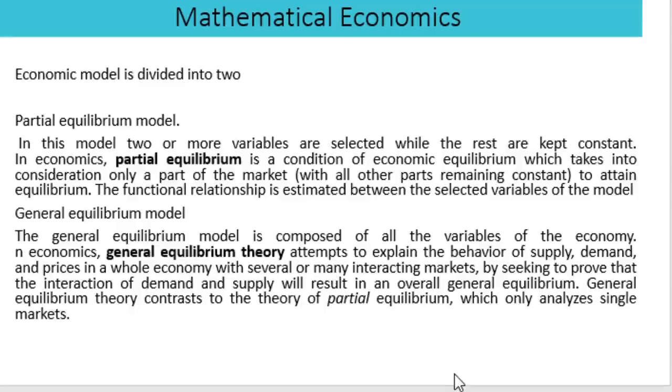Whereas a general equilibrium model is composed of all variables of the economy. It attempts to explain the behavior of supply, demand, and price in the whole economy. That is, in a partial equilibrium analysis, we analyze a part of the variables, whereas a general equilibrium model explains the whole; it takes into account all the variables of the economy.